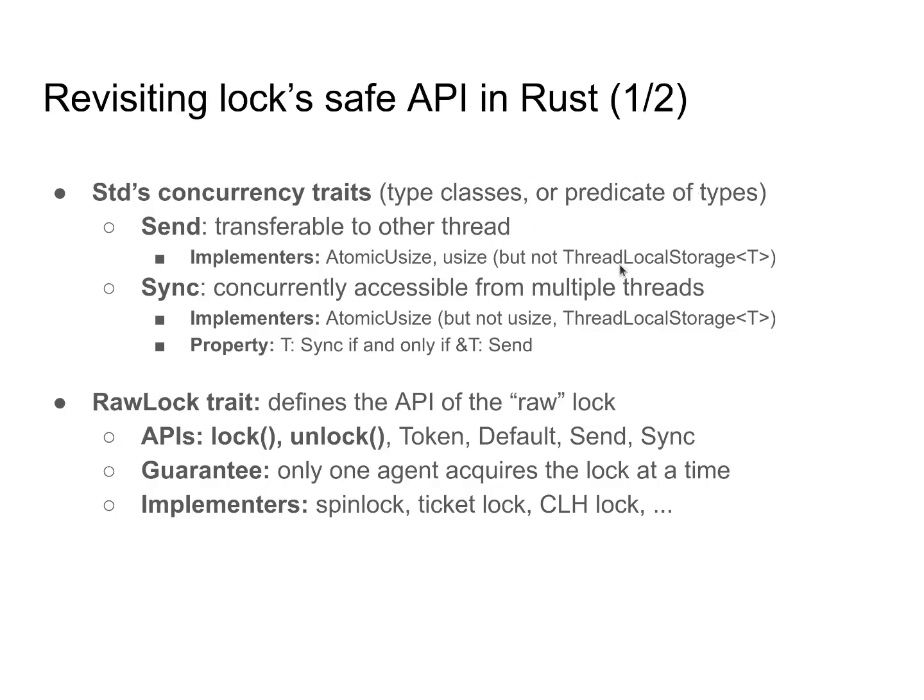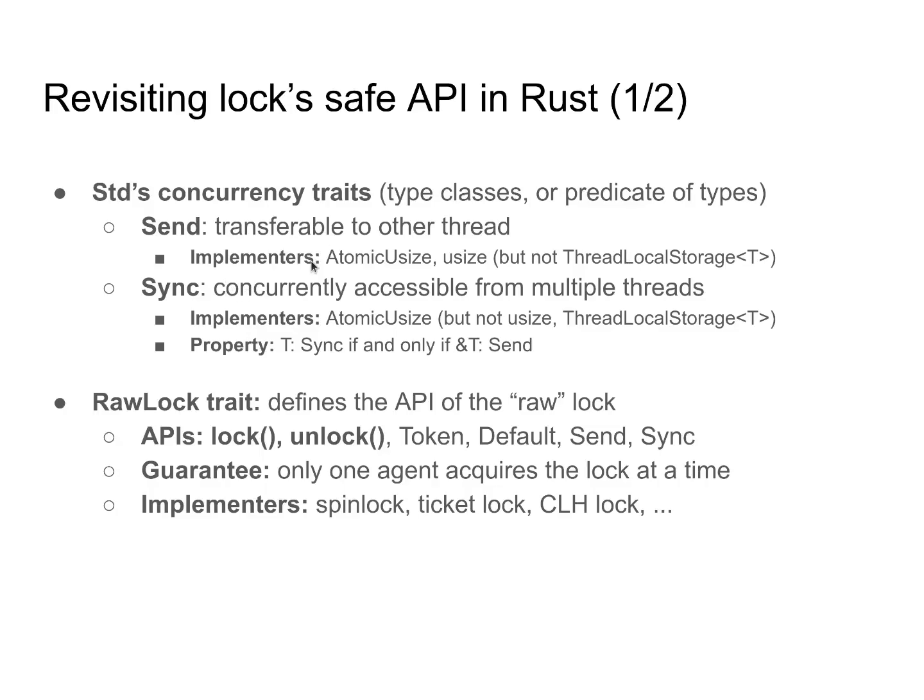But if you have thread local storage, it should not be sent to the other threads because it will be specific to a certain thread, for example by holding the thread ID, etc. And this storage, this resource, cannot be used by the other threads. That's the reason why this kind of type should not implement Send.